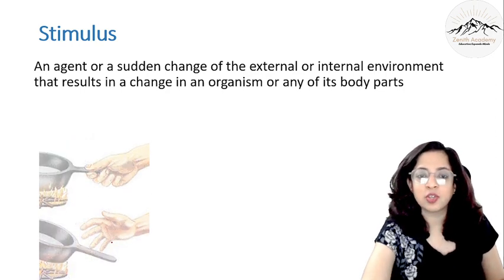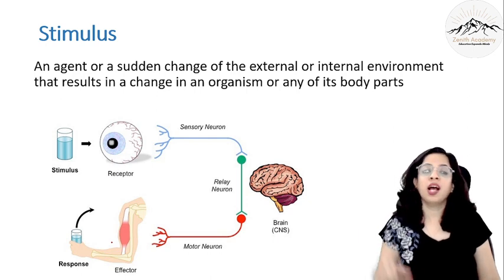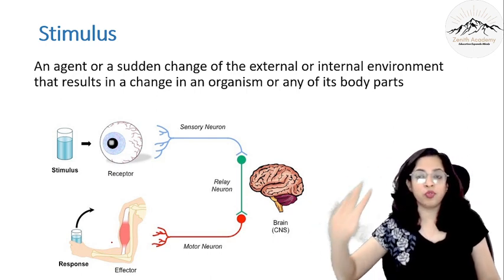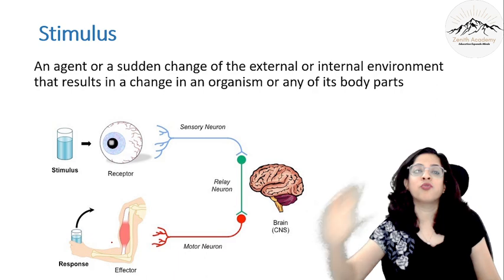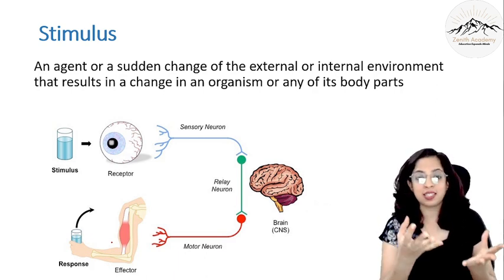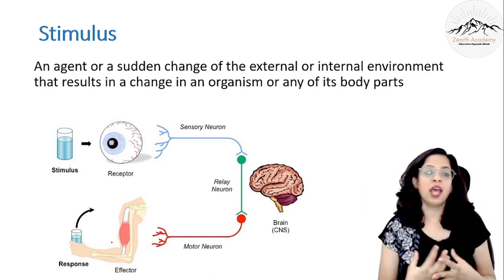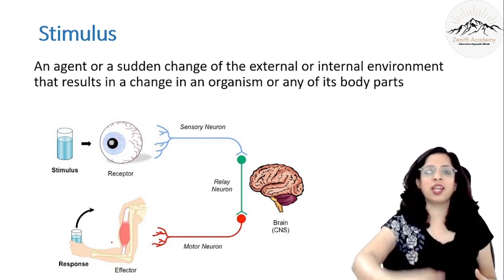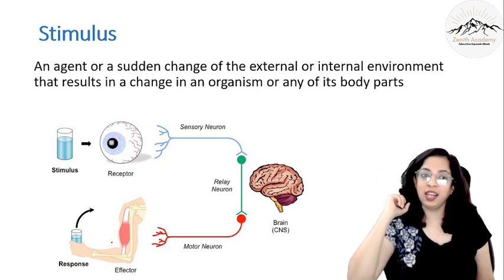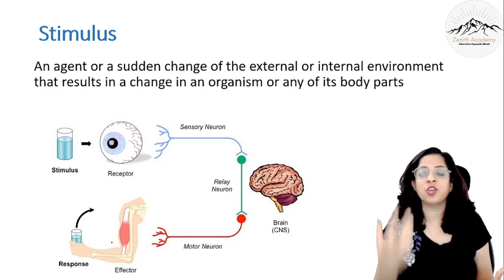So that's a stimulus. Now here if you see, when you're thirsty and you see a glass of water in front of you, what happens? Your eyes are the receptors. They send the information to the brain, and then you just pick that glass up and drink, right? So what was the stimulus which made changes in your body parts?